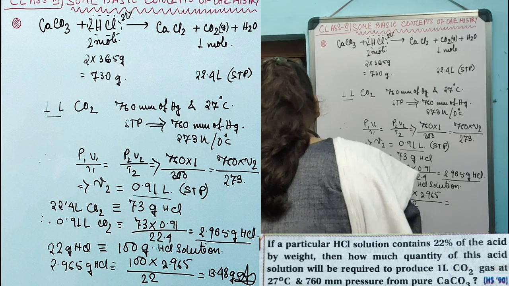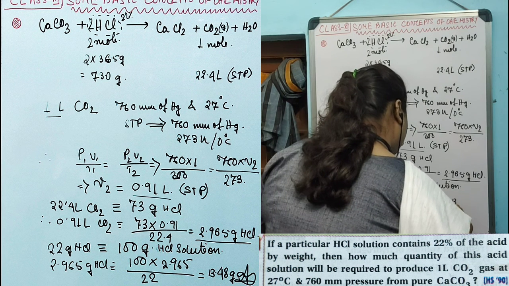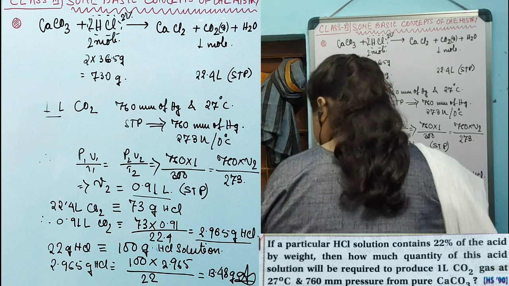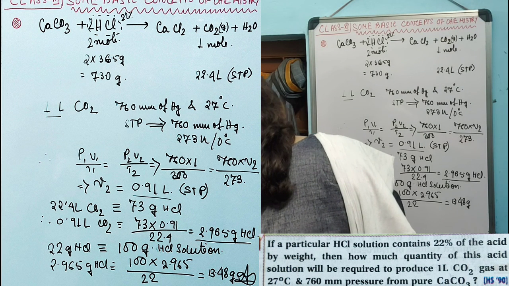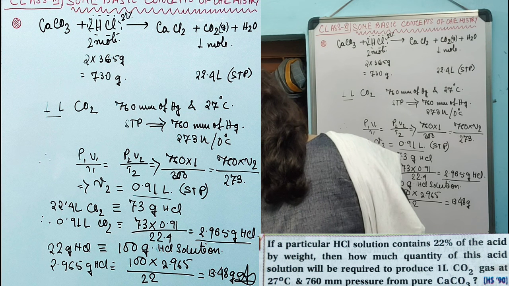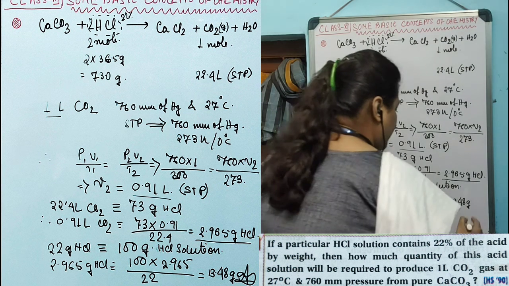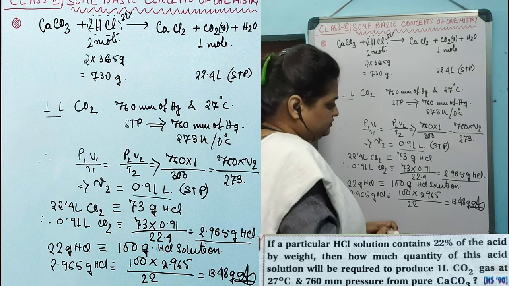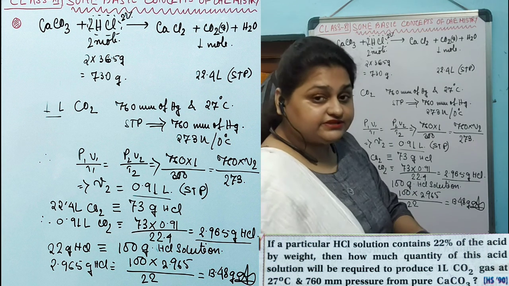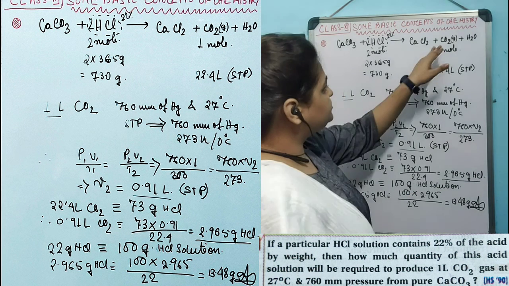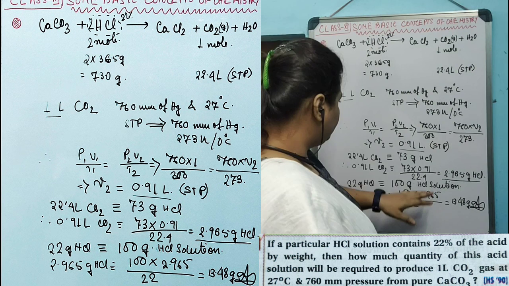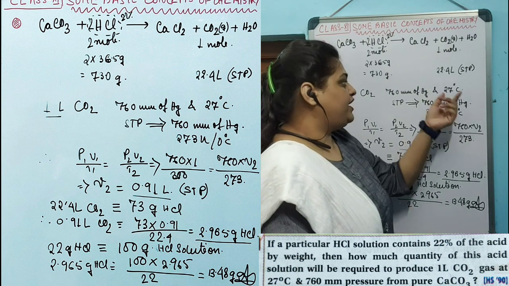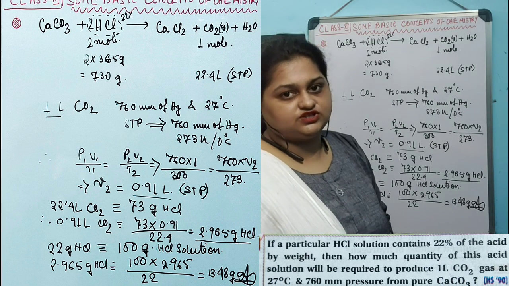This will give 13.48 gram. This is the amount of the solution that is required. 13.48 gram of HCl solution is required to produce 1 liter of CO2 at 760 millimeter of mercury and at 27 degrees Celsius temperature.